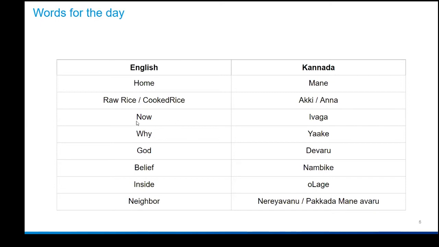Kishore, is this different from the older brother Anna? Am I supposed to pronounce it differently? No, you can pronounce it as it is. Akki. Yeah, that's right. And this one is Anna. So this is the same pronunciation as an older brother? That is in Tamil. Sorry, my bad. I'm not addressing a person here.